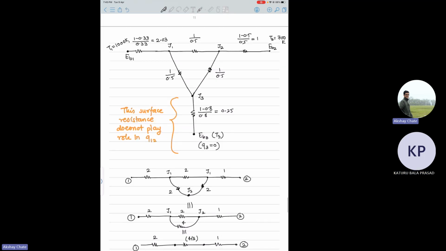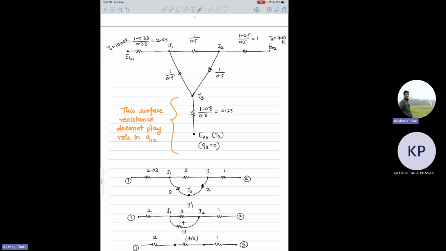No, because it's not. See, consider this as an electric network. So if you have connected any point in an electric network to the ground, that wire will have its resistance, but no current will flow through it, right? Yes, here actually it's not exactly 2, it is 2.03.